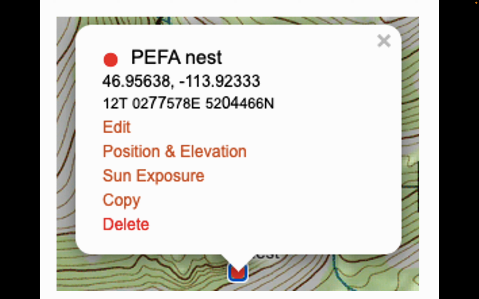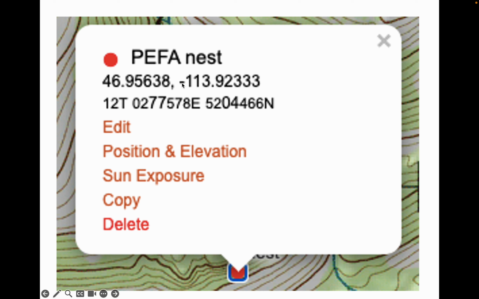So we just have a single degree, 46, followed by a decimal indicating what you might consider to be the minutes and seconds. So this is some fraction of 46 degrees. And then the longitude is negative 113 point blah, blah.